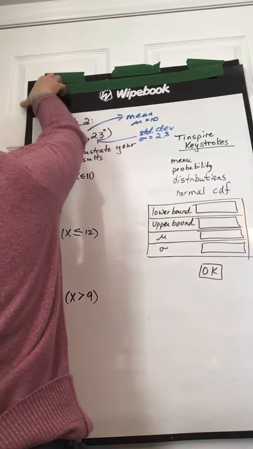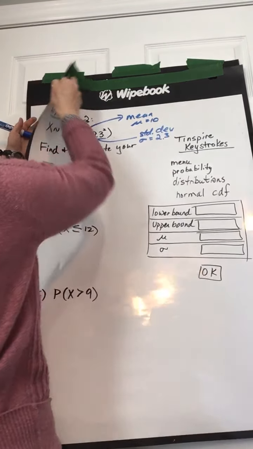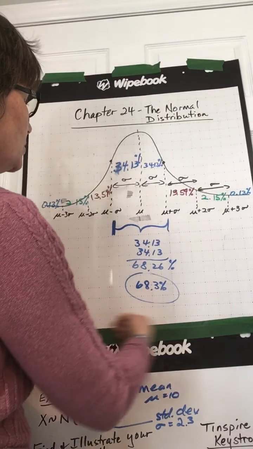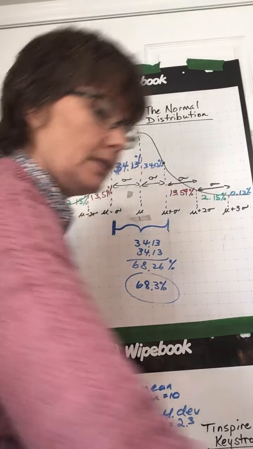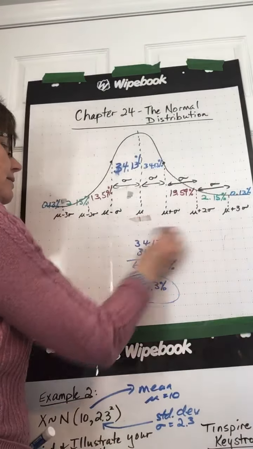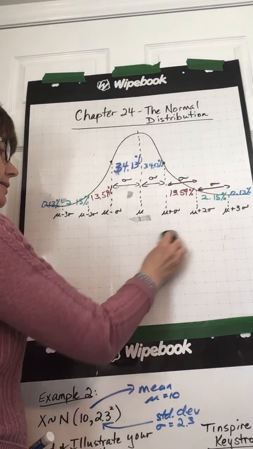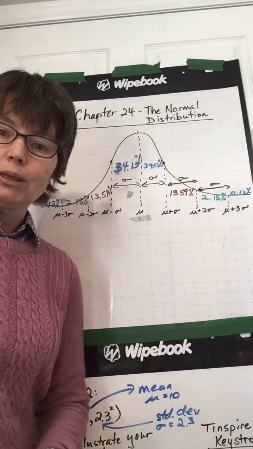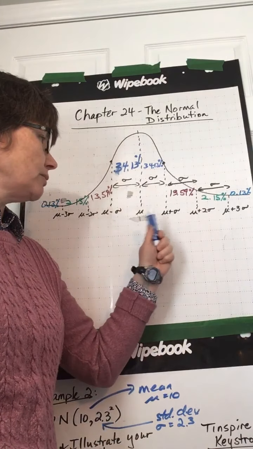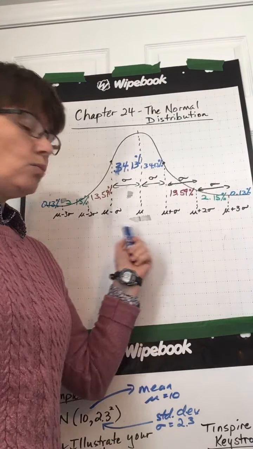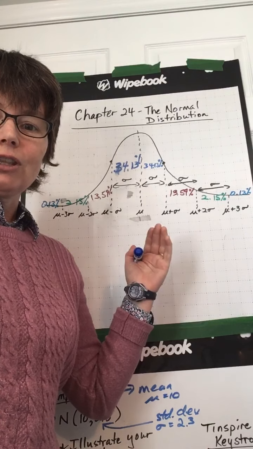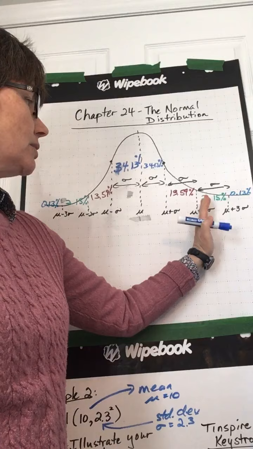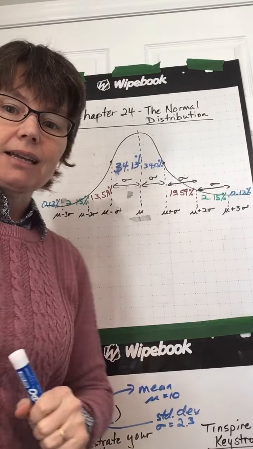Let's take a look back at what we looked at last video with these percentages in the normal distribution curve. These memorized percentages in these areas above and below, with standard deviations above and below the mean, work if we're looking at these exact distances.